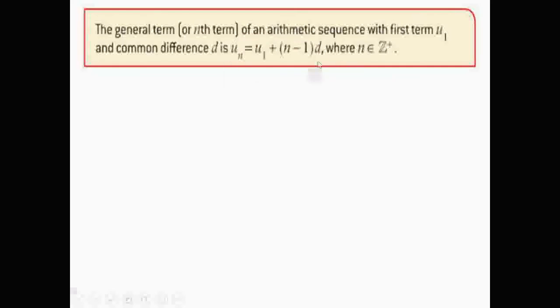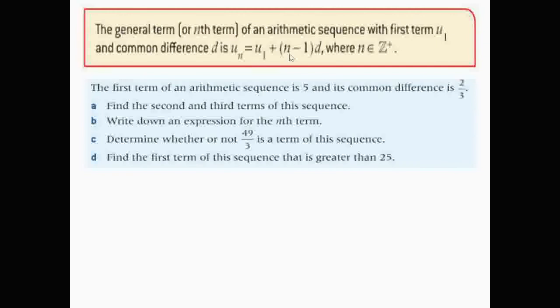We just talked about that. And n must be an element of Z plus. That means n is an integer, Z means integer set, and positive here, so positive integers. And we know that the n represents a term number, so we know it must be term 1, 2, 3, 4, an integer positive number.